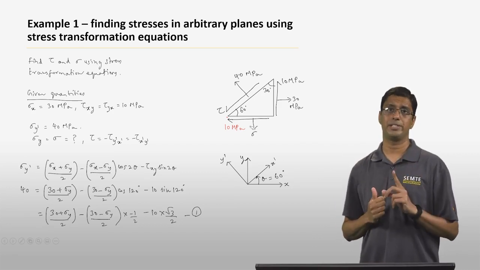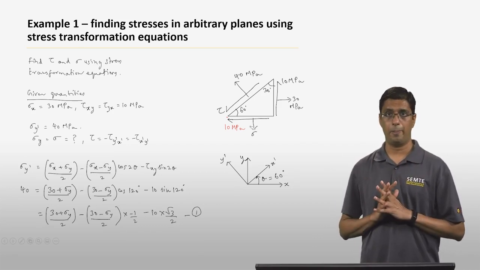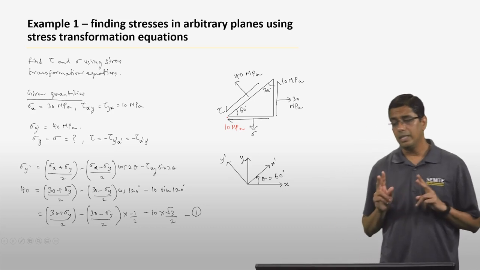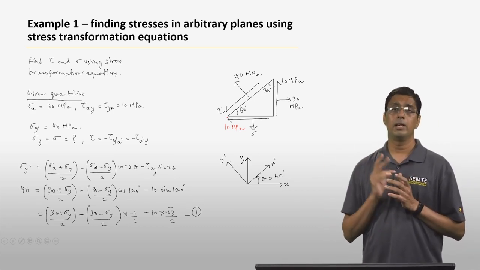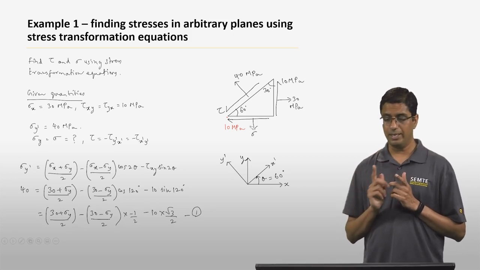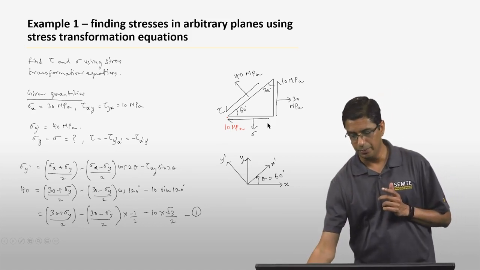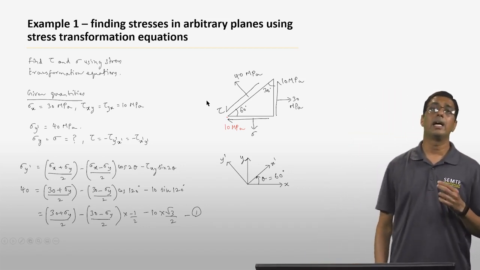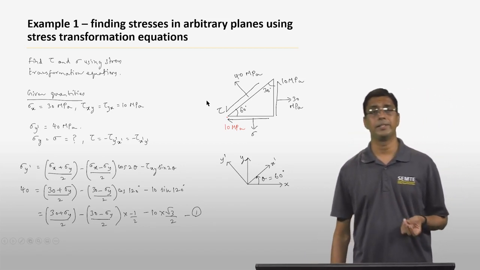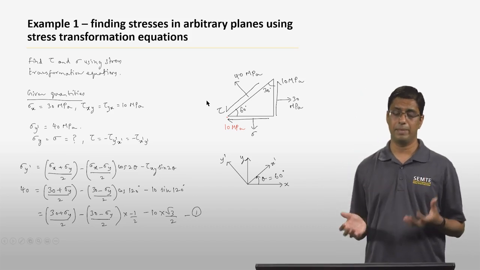You have only one shear stress because we are looking at 2D problems still. Of the 6 stresses, 4 are given to us and 2 are unknown. So sigma and tau are unknown. Those are the two stresses that we need to find, and we are going to use the stress transformation equations to find this sigma and tau.